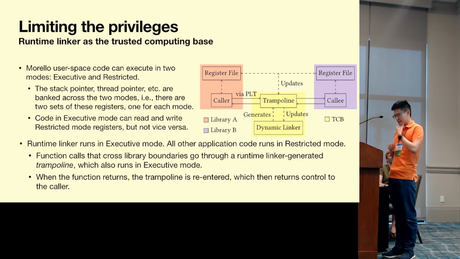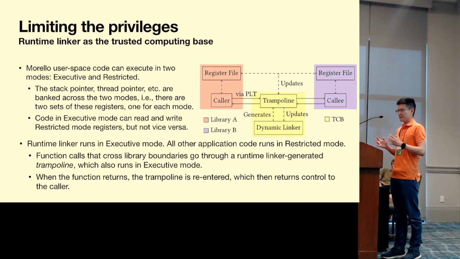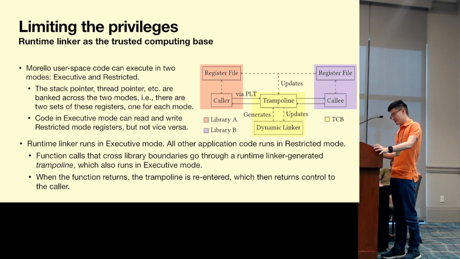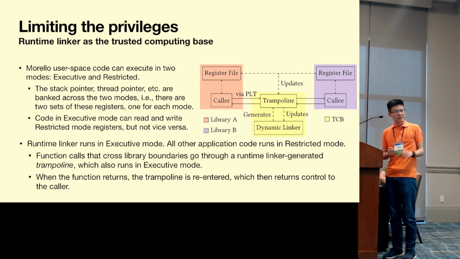And another feature is that code running in executive mode will be able to read and write restricted mode registers, but not vice versa. This is a very useful feature for our purposes, because we can just run the runtime linker in executive mode and all other application code in restricted mode. Now, function calls that cross library boundaries between your application code will be intercepted by a trampoline that is generated by the runtime linker.